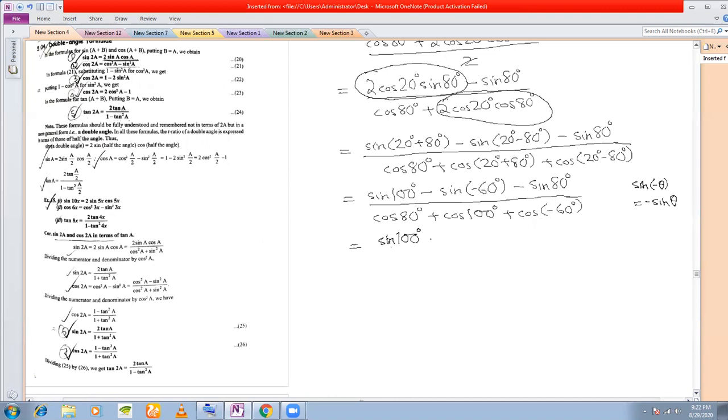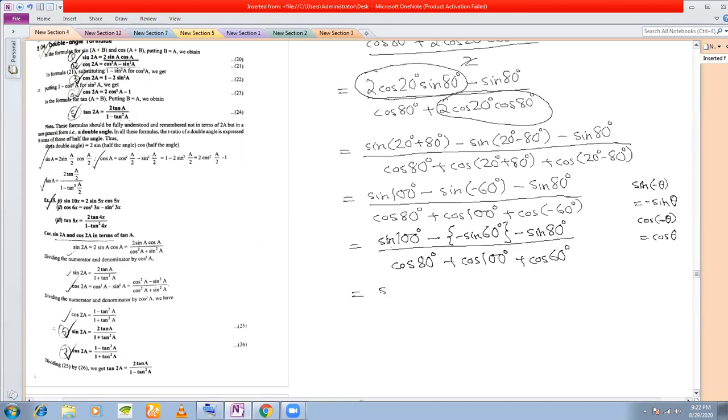So this becomes minus of minus sin 60, and minus sin 80 degree, divided by cos 80 degree plus cos 100 degree. And you know that cos of minus theta is cos theta simply. So cos of minus 60 is simply cos 60.